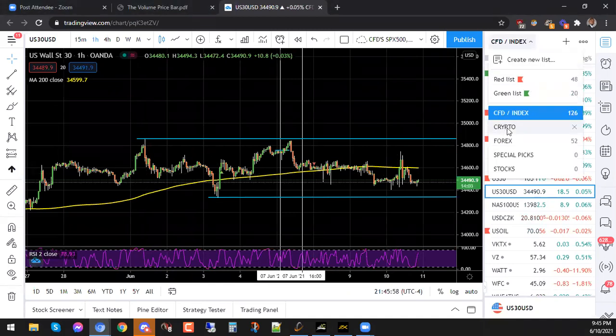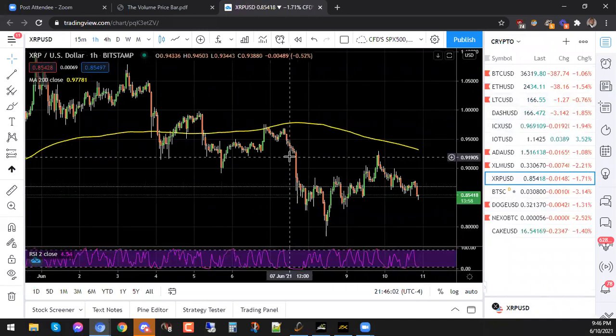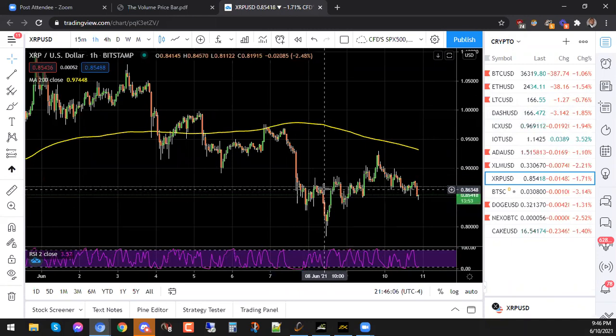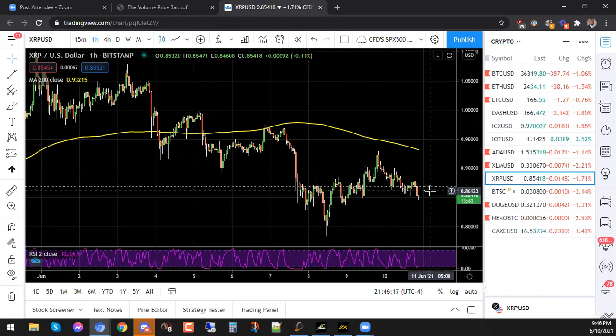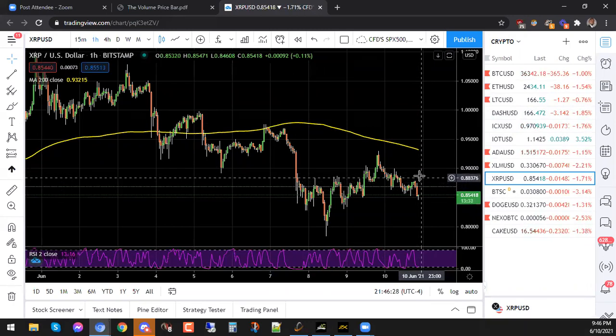Okay. Let's see what Ripple looks like. There you go. This is Ripple. Now the rules on crypto may be a little bit different, because if we're going to use the sniper entry technique on crypto, we need to understand when volume typically comes into the crypto market.